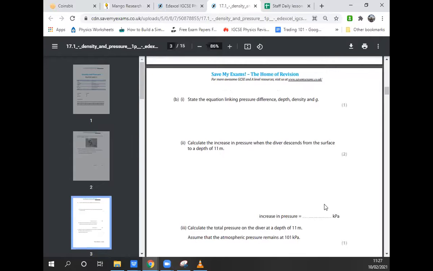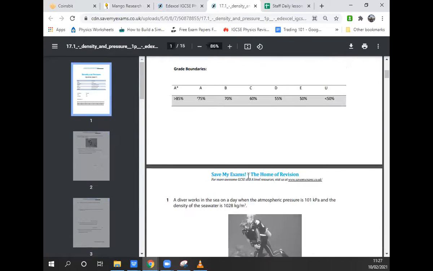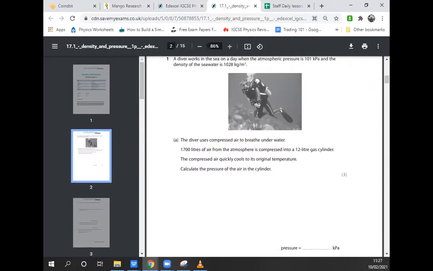Yeah. Now, here's the thing. That is the pressure due to the water only. Now you have to realize that, hold on, let's say the diver is over here, right? And he's 11 meters below the surface.